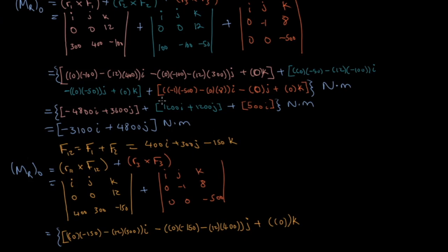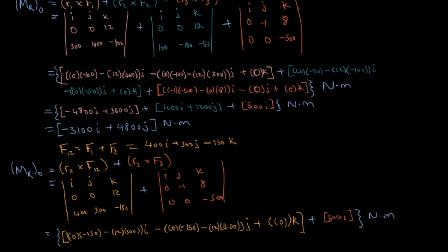Okay, and then the next thing we do is we just add this cross product here, which we've already done up here. And we know from this previous calculation up here that R3 cross F3 is equal to 500i. So instead of redoing the entire calculation, I'm just going to bring it down here. And we got 500i, and this is going to be in Newton meters.